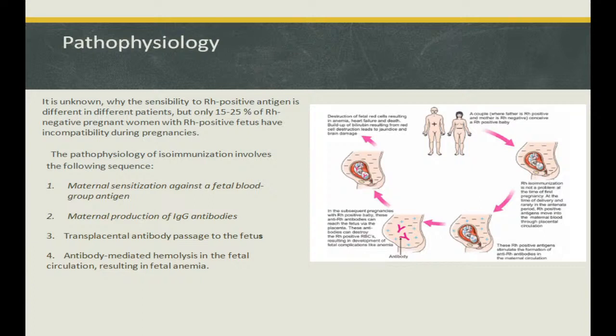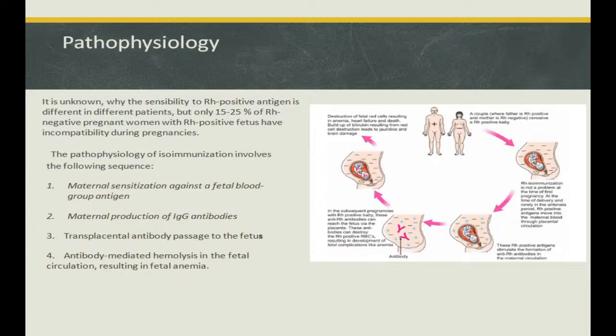The next step of development of pathophysiology, first is maternal sensitization. We discussed it. If maternal sensitization is happening, the next step is maternal production of immunoglobulin antibodies, anti-D antibodies. The mother will start to release them. Thus, in its turn, the maternal blood will have an increased number of antibodies.